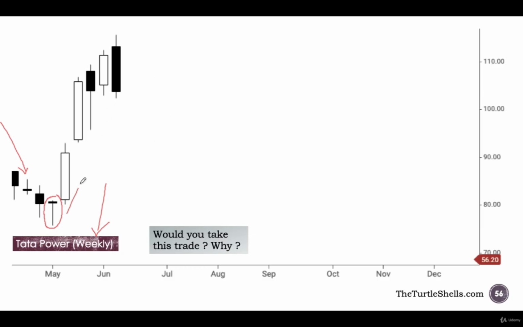So after a nice uptrend, you have a bearish engulfing pattern here. Now the problem with this bearish engulfing pattern here is that it is a standalone bearish engulfing pattern. It is not confirming any prior resistance area. So I would be uncomfortable taking this trade because it is not confirming any prior resistance.